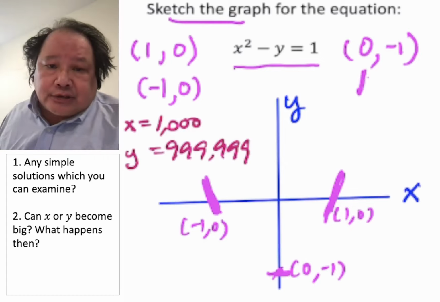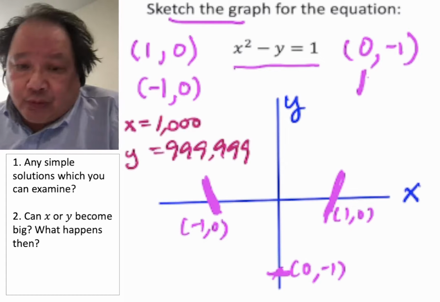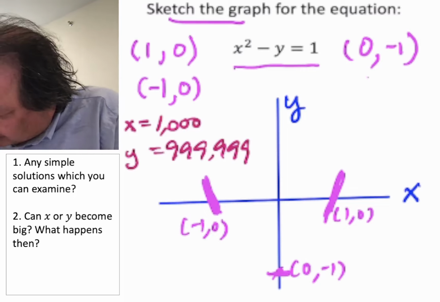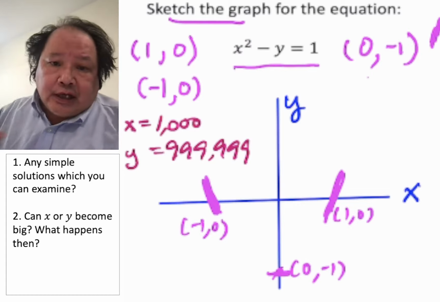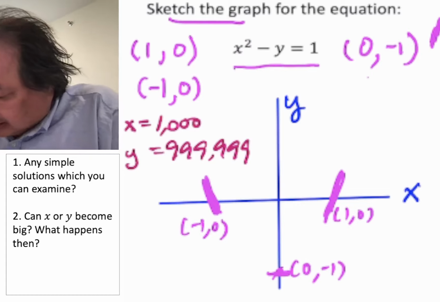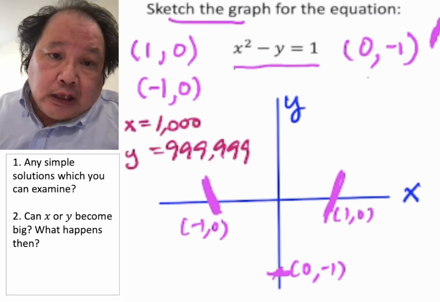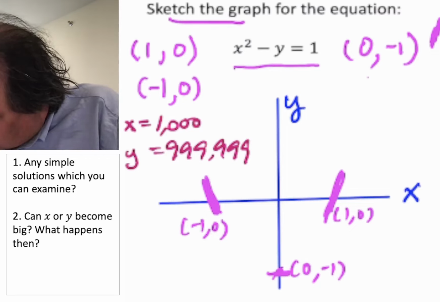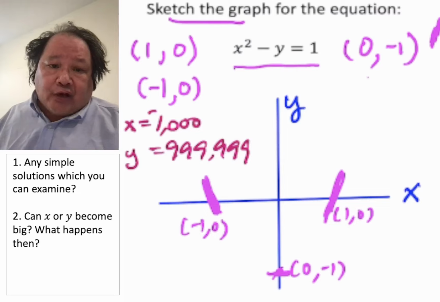A very big x is going to get a very big y, so maybe I should do it a little better. I'll put it up here. Big x and then a really big y, and in exactly the same way, if x was minus 1,000, since we're squaring it, the value of y is unchanged.